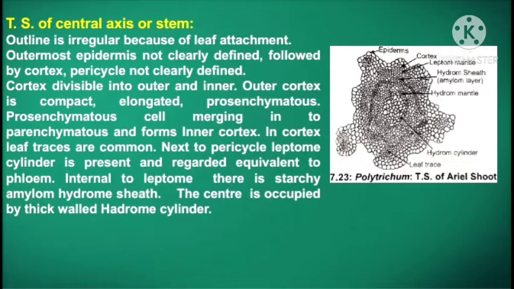Below the epidermis, there is an outer and inner cortex. The inner cortex shows an amylum or starchy layer. In the cortex, a number of leaf traces are present, and at the center of the axis there is a hydrome cylinder covered by a hydrome mantle. This is the anatomy of the main axis or stem of Polytrichum.